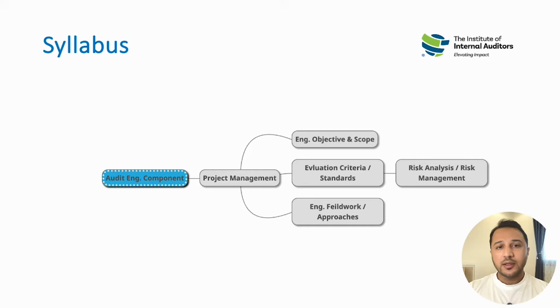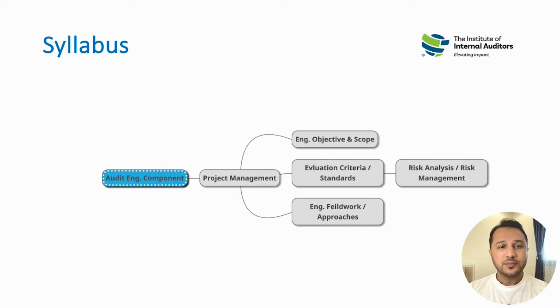Overall, any audit engagement, whether an audit or advisory engagement, is similar to a project that has a start and an end. Our project ends with issuing the final audit or advisory report, and it starts with the key objectives of the engagement.